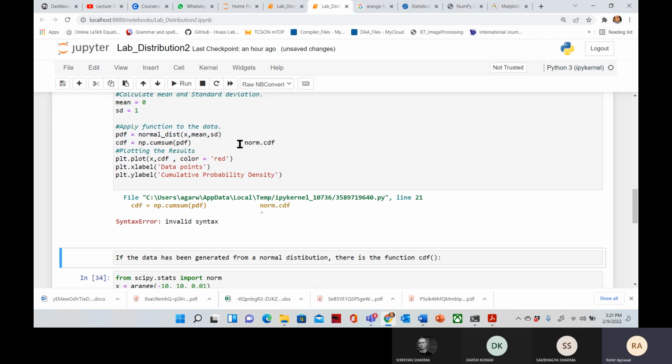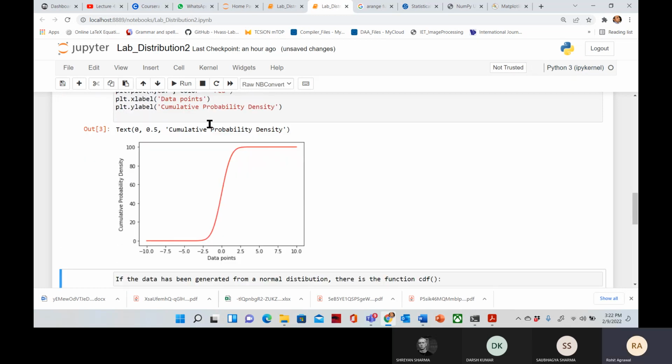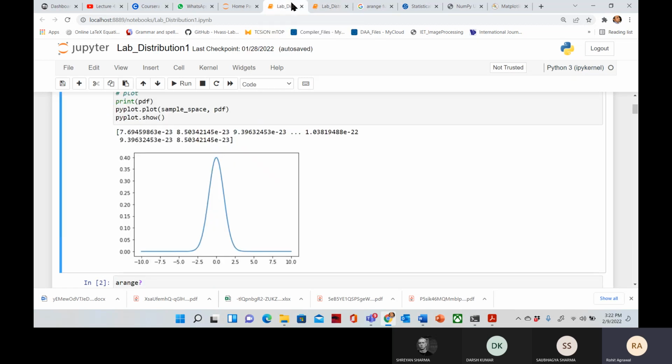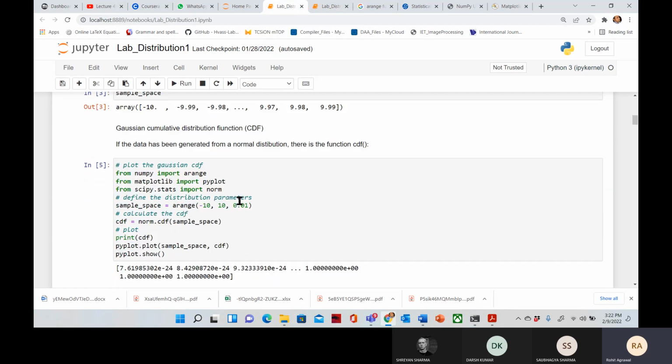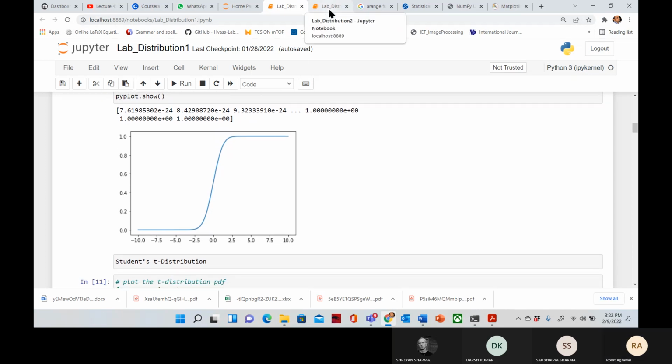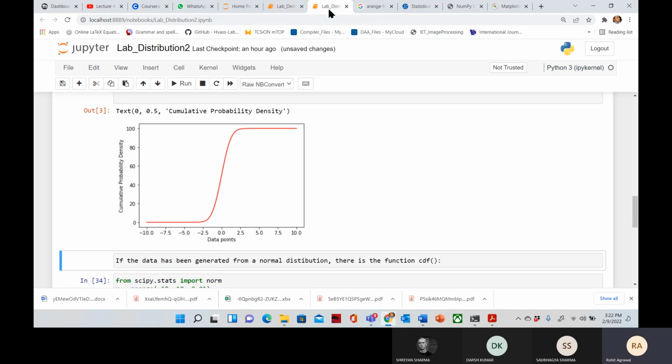And I did not delete this. Okay, see this graph and the graph that we obtained in the previous question. They are similar. Clear?